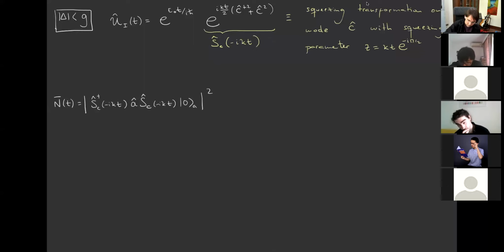Now, again, we have to do the same kind of trick as before. A is equal to what? As we have written already, this is the hyperbolic cosine of r times C plus C dagger times hyperbolic sine.